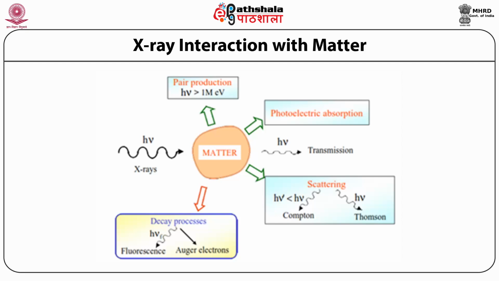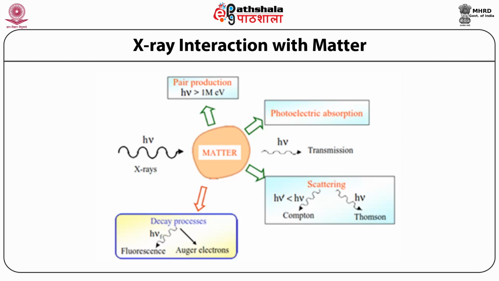As you can see, when an X-ray hits some material, there can be several processes which would result, like pair production. This is one of the possible outcomes of this interaction. Then there can be photoelectric absorption. It means the photon will be absorbed, and it will emit an electron.